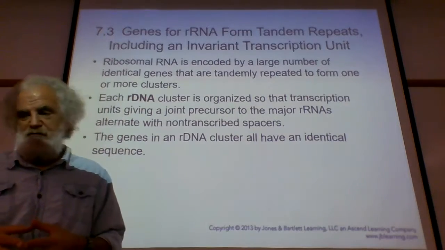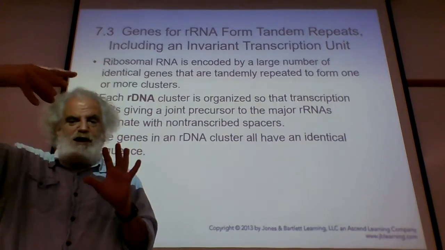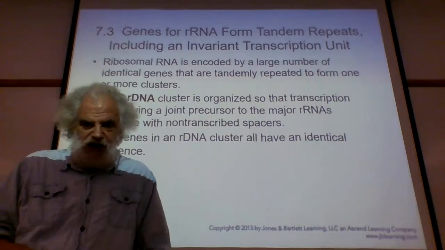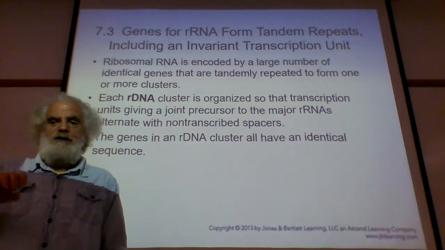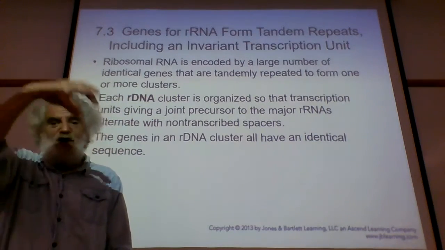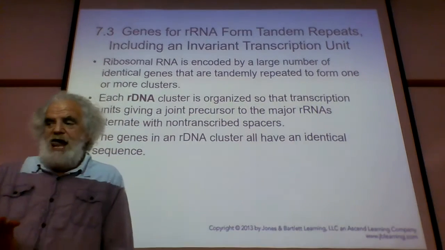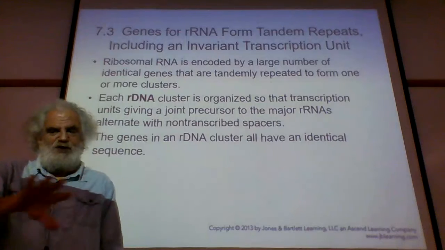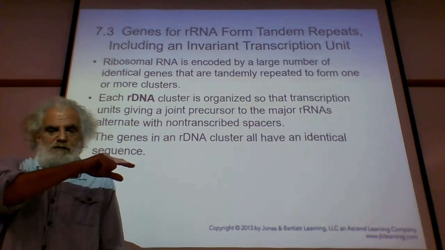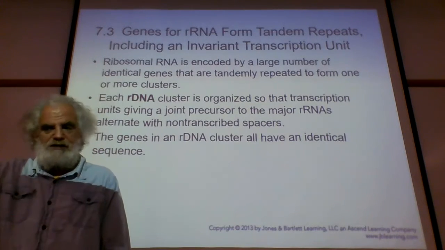So the ribosome, remember, is an RNA and protein conglomerate, a ribonucleoprotein. And the ribosome structure comes from the RNA, and so you have a lot of ribosomal RNA. And the genes in the ribosomal DNA cluster are all identical sequences.